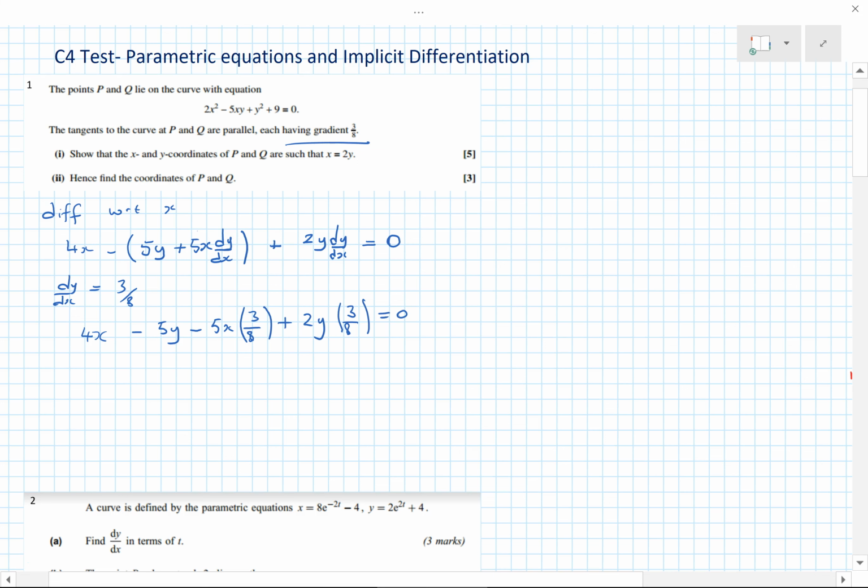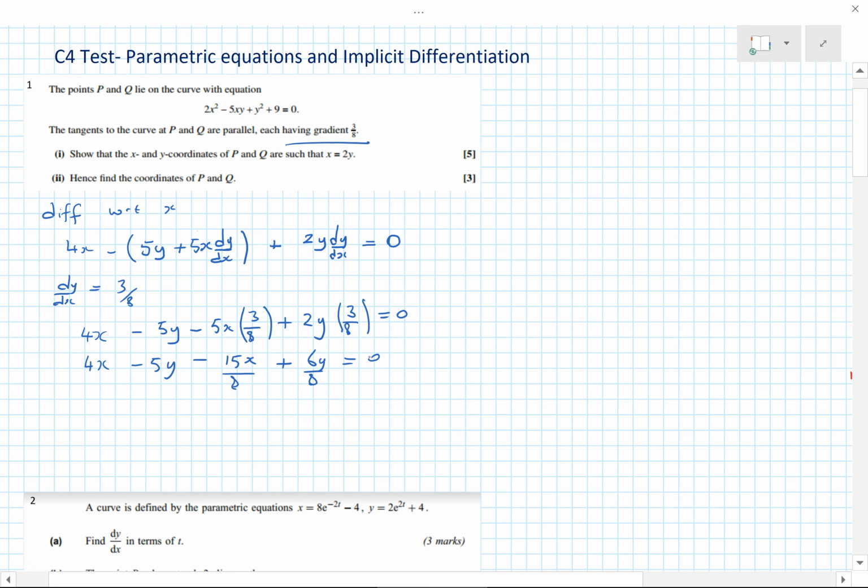Right, so that gives me, if I multiply out the top, 4x minus 5y minus 15x over 8 plus, I might as well multiply at the top, 6y over 8 equals 0.